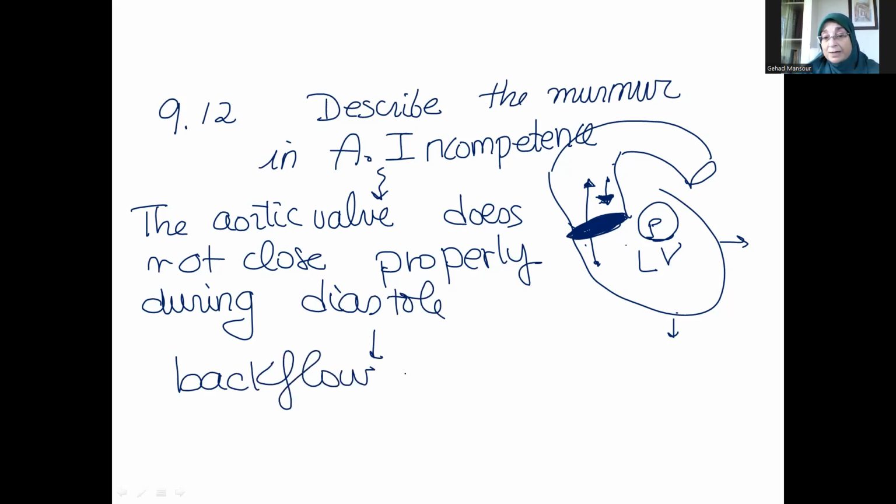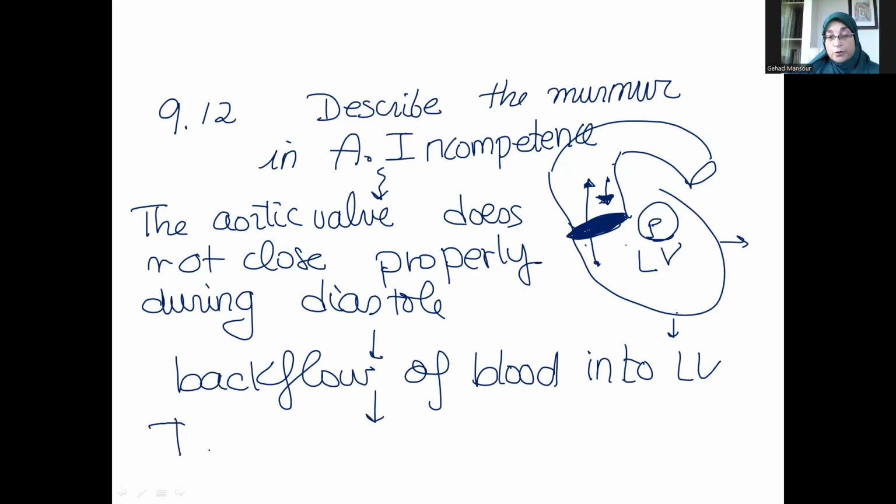And since the backflow of blood into the left ventricle is not the normal pathway, then this simply means one thing, that we are going to have a turbulent blood flow. When does this turbulence occur? This turbulence occurs when the left ventricle is relaxed.